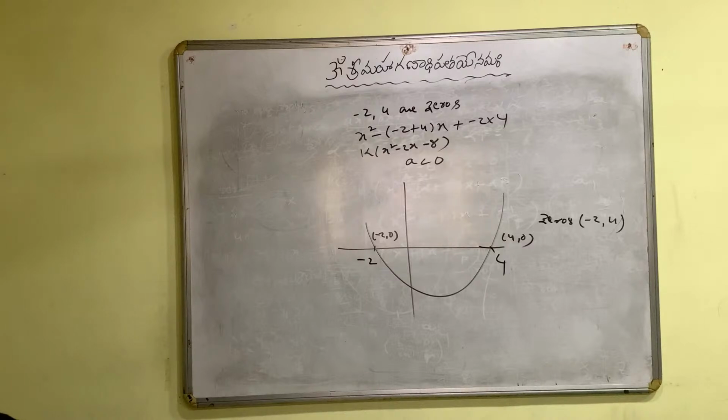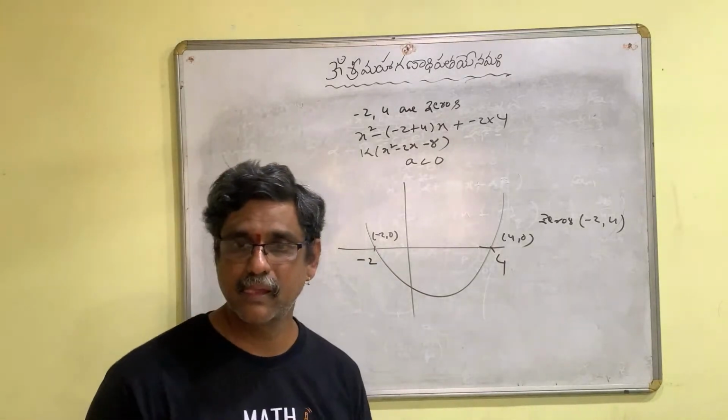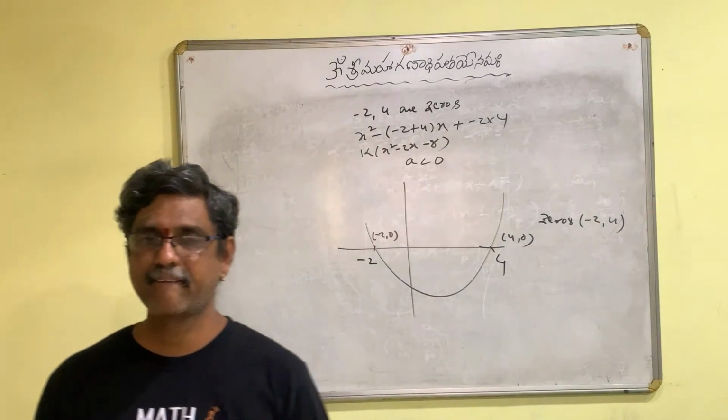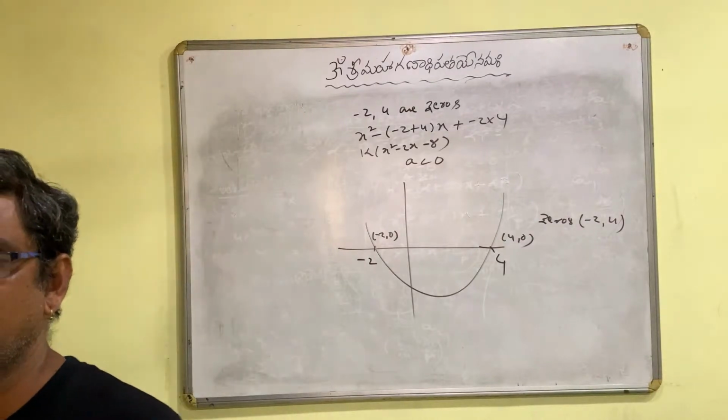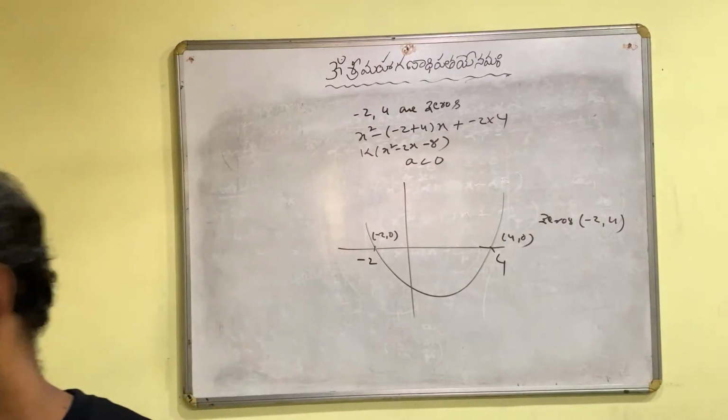Now, see the fourth question. The two zeros in the above shown graph. What are the zeros of this parabola?